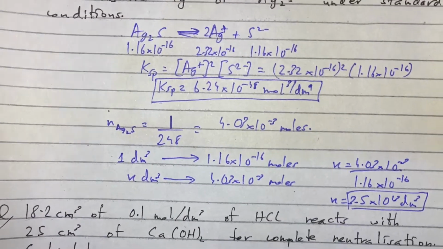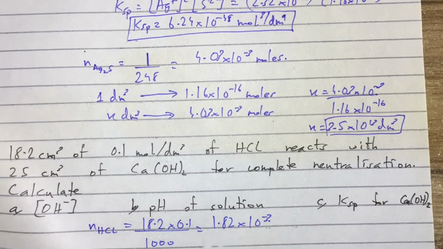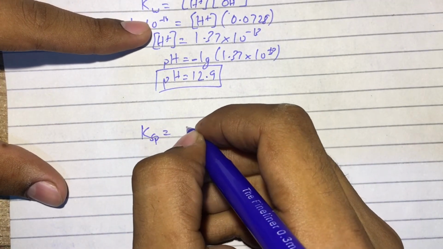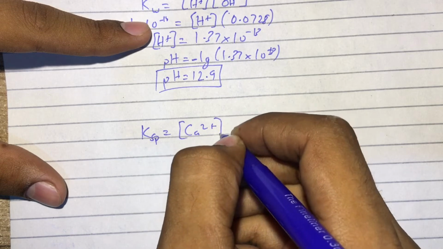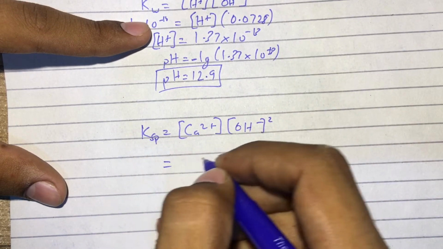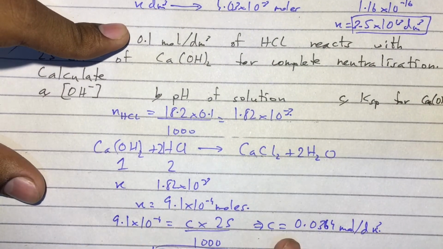In the third part, they're asking for the Ksp of Ca(OH)2. Ksp of Ca(OH)2 will basically be Ca2 plus concentration times OH negative concentration squared, right? Ca2 plus concentration will be the same as the concentration of Ca(OH)2, that is 0.0364.